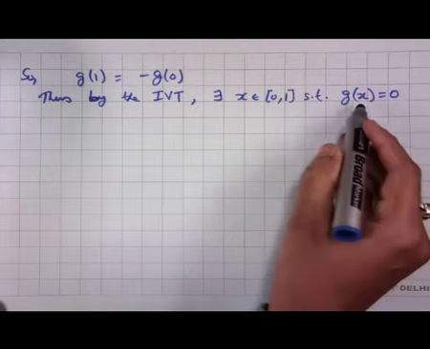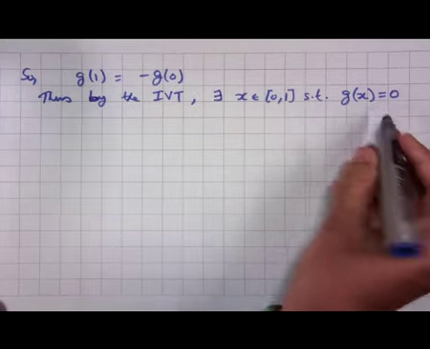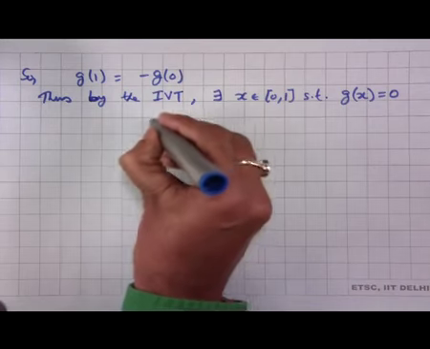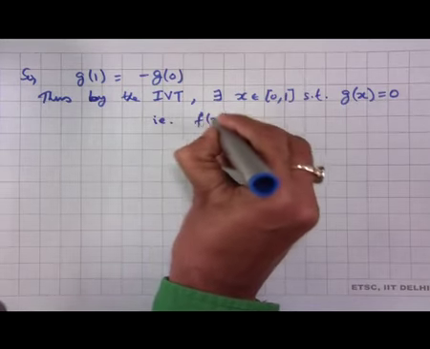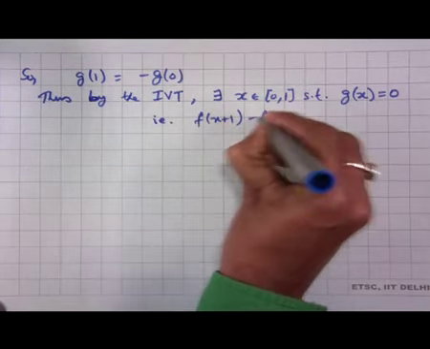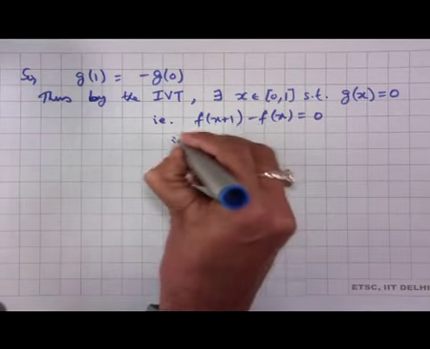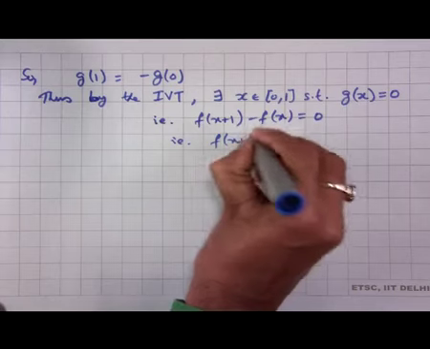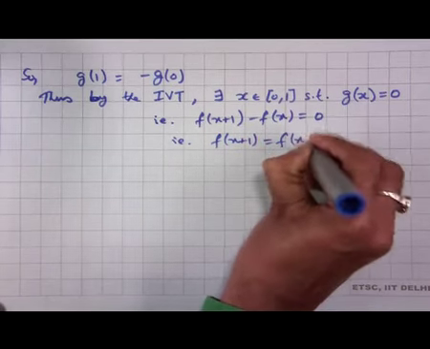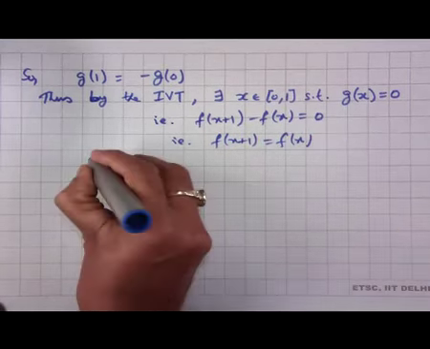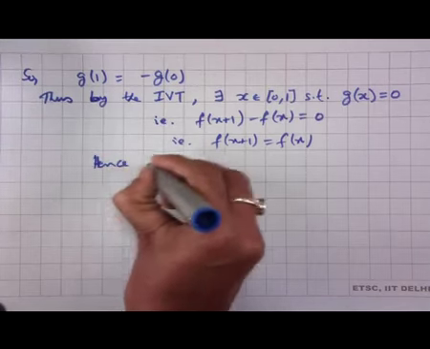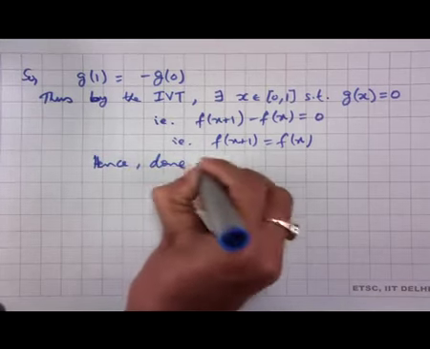So, there is some x such that g of x is 0 and that says f of x plus 1 minus f of x is equal to 0, that is f of x plus 1 is equal to f of x. Hence, we are done.